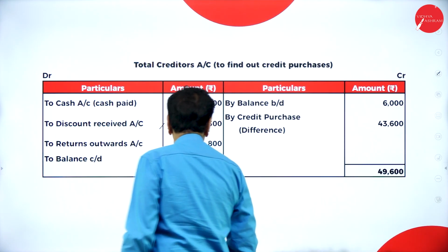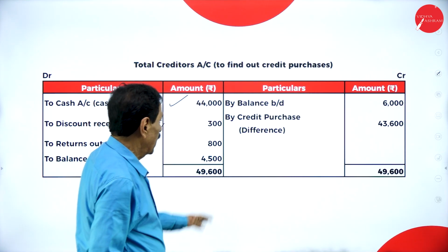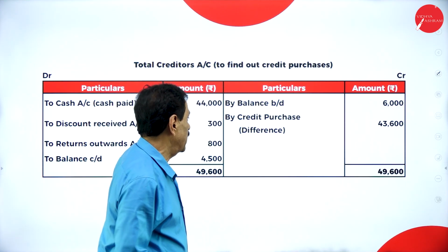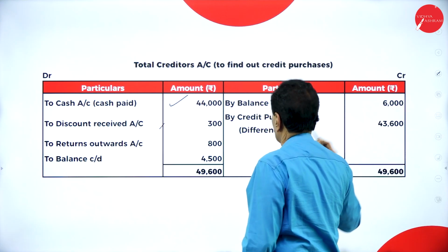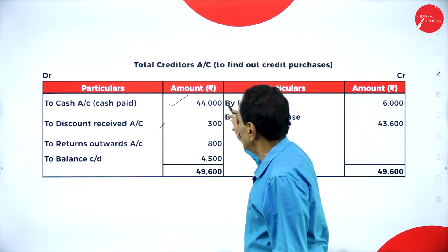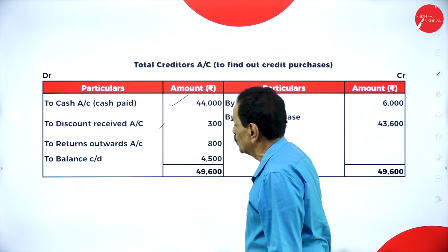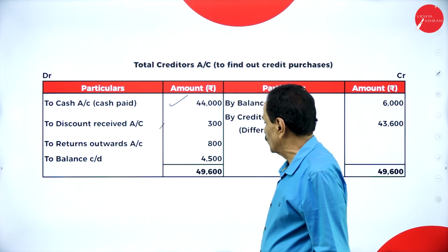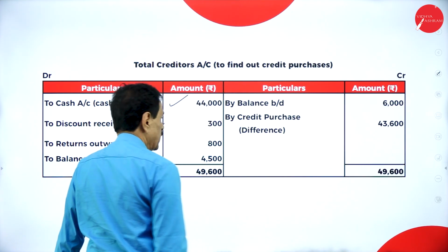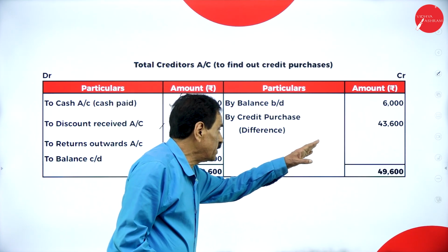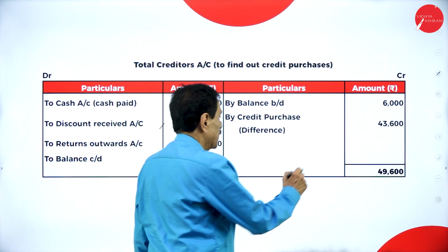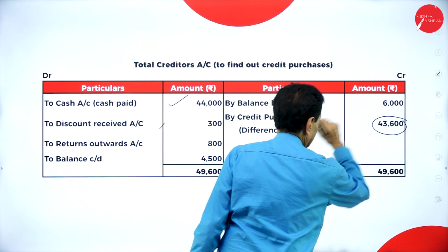So totally 49,600. If we deduct the 6,000, the difference will come, 43,600, which is the credit purchases.